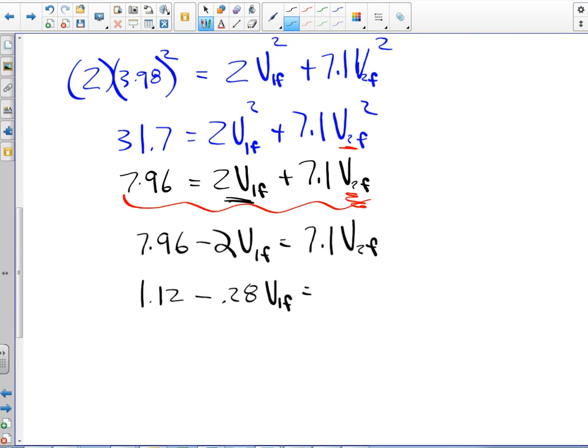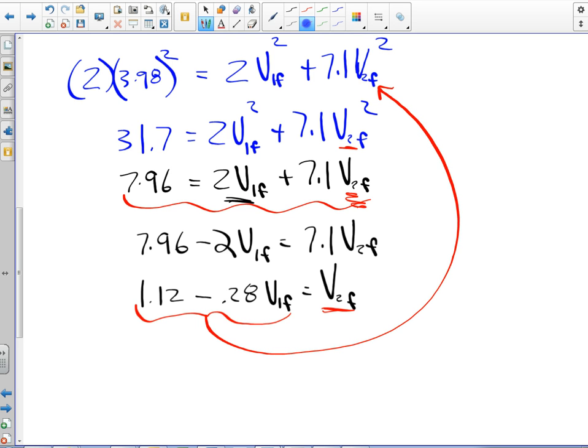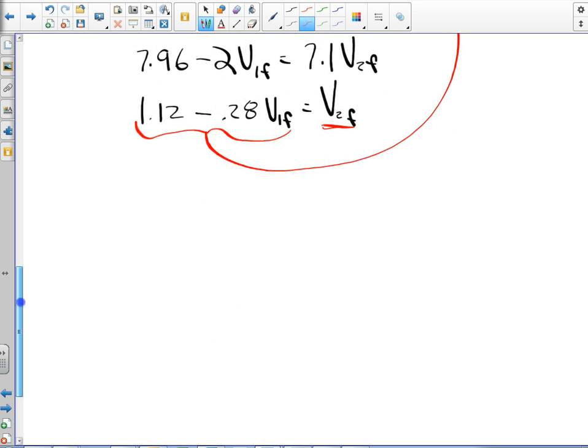And since I divided this by 7.1, I'm going to have v2 final over there. And so all of this right here, since it's equal to v2 final, is going to get plugged in here. And then the fun's going to begin.